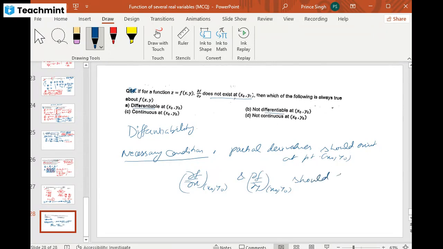This is the necessary condition. So if the partial derivative does not exist, it means your function is not differentiable. Because we have discussed that sometimes your function is differentiable but not continuous. So there is no question about continuity. But if the partial derivative does not exist, your function is definitely not differentiable, right?